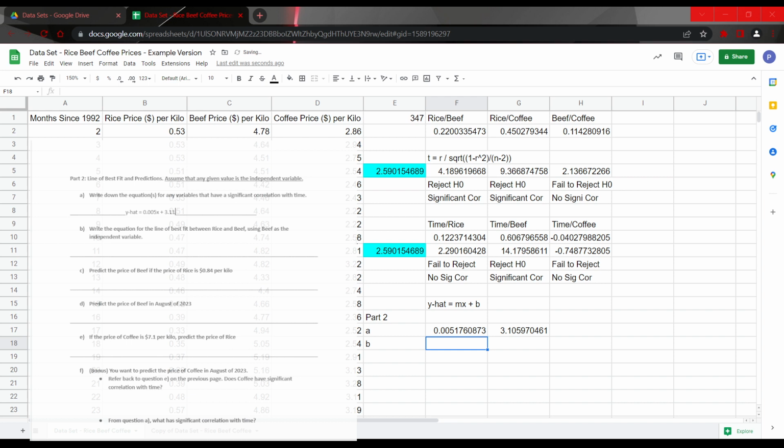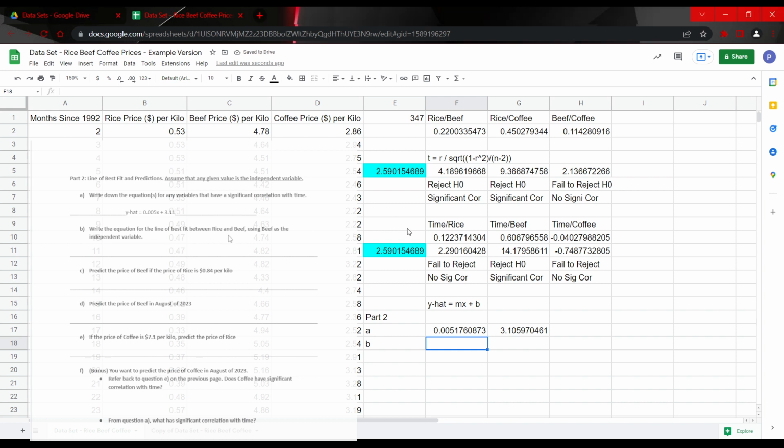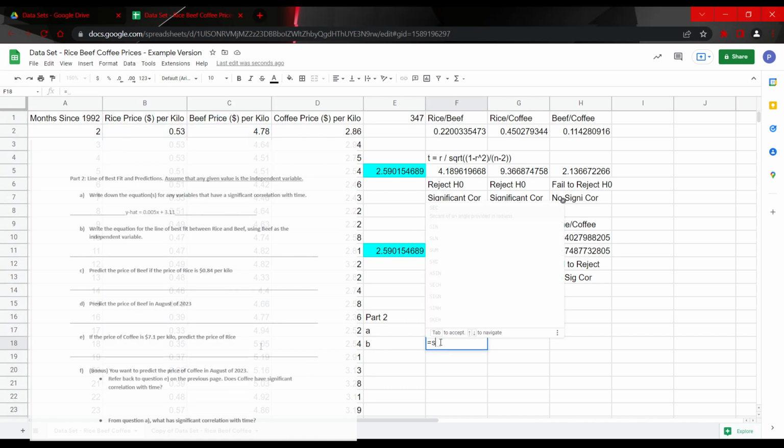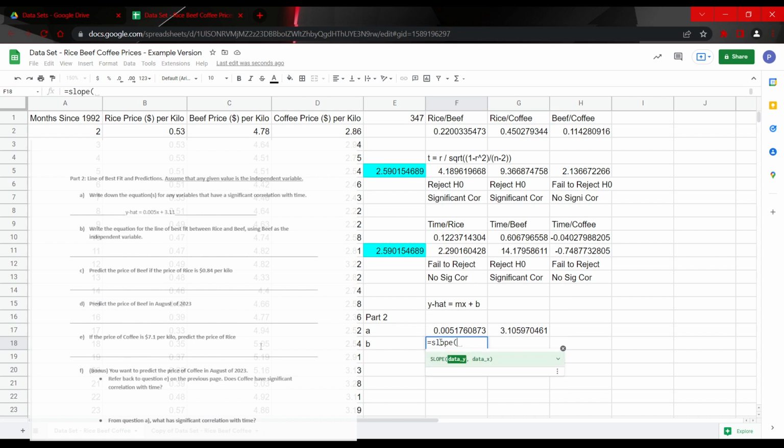B, I want you to write the line of best fit between rice and beef using beef as the independent variable. So rice and beef are columns B and C, so SLOPE. Beef is independent, so dependent is rice, beef equals INTERCEPT of rice and beef.